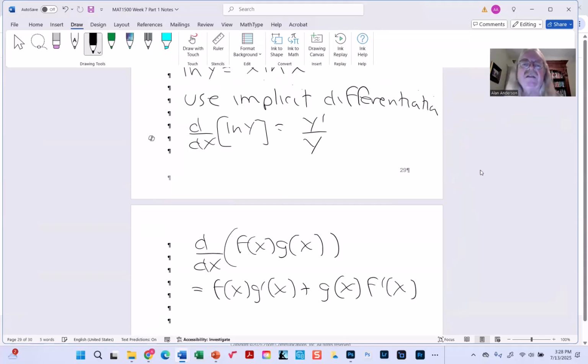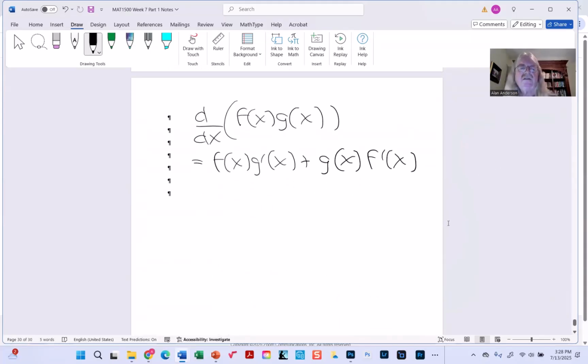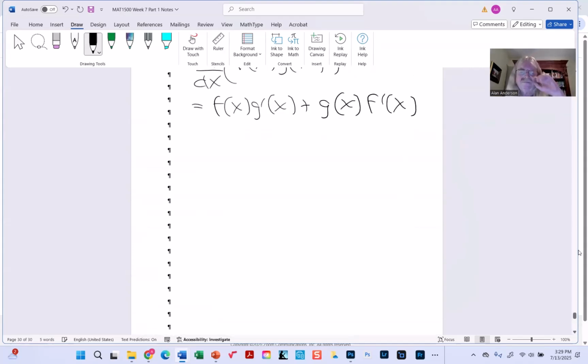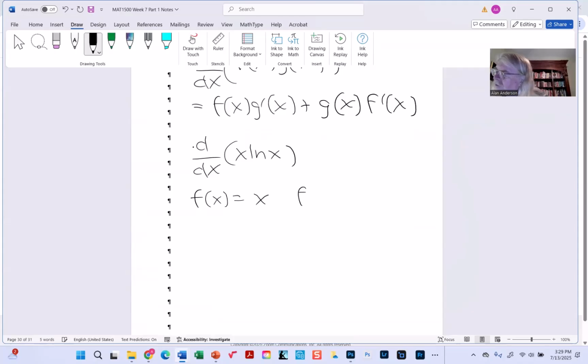So for differentiating x log x, what do we get? Well, first of all, f of x is x, f prime of x is 1, g of x is log x, and of course, g prime of x is 1 over x.